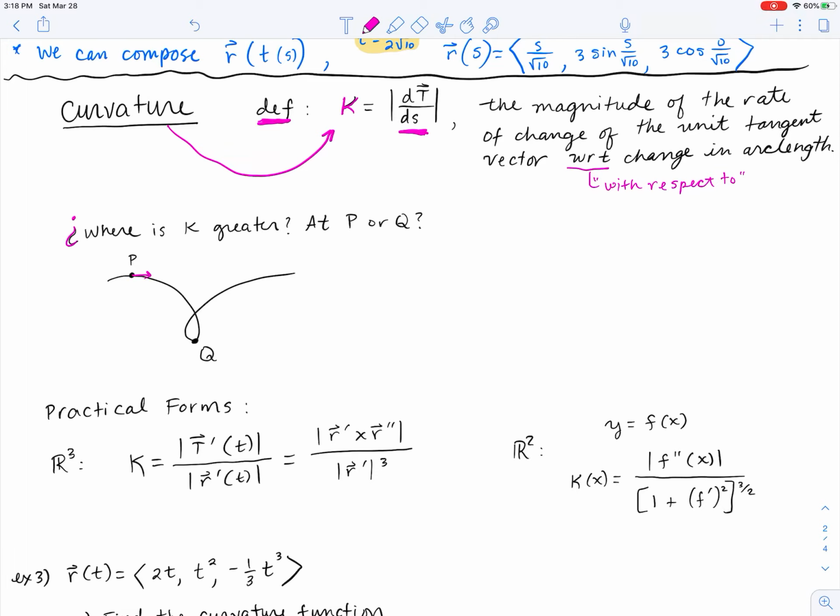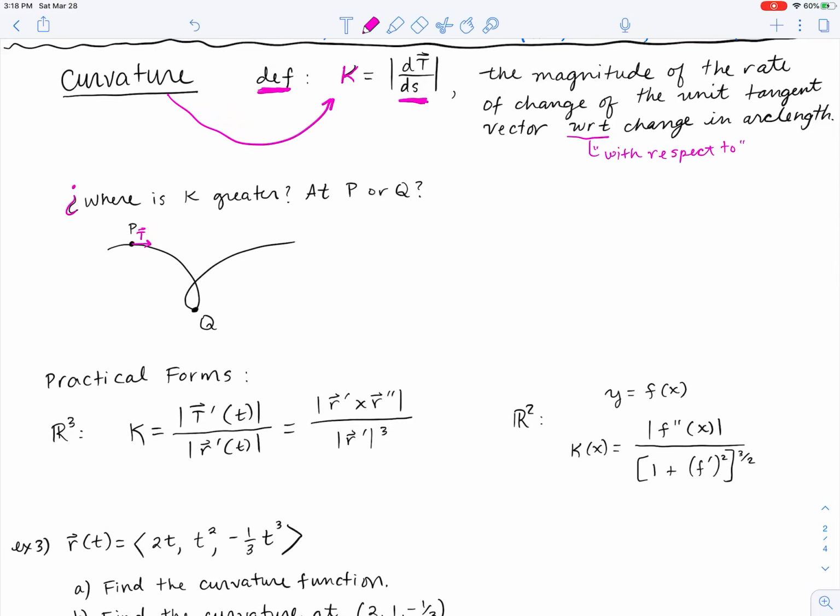If we look at the unit tangent vector here, and at its rate of change with respect to arc length, I think it's pretty intuitive, when you compare it to the tangent at Q, that the curvature at P is smaller than the curvature at Q. And hopefully that is somewhat intuitive.